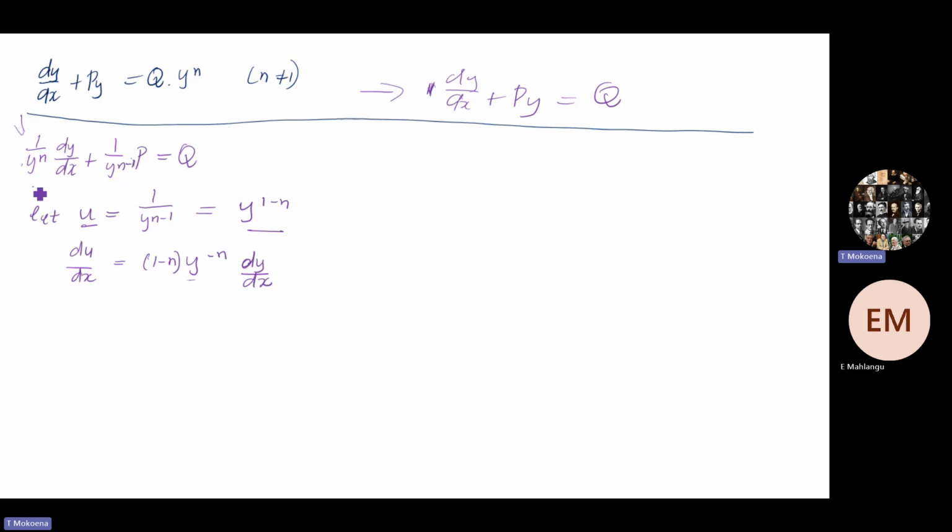Remember, from here to this step, what did I do? Firstly, I divided by y to the power of n, and then I got to this step over here. And then from here, I take the coefficient of p and equate it to u, or you can even equate it to z, whatever variable we want to pick. And therefore, from this equation, I differentiate so that I move to this step.